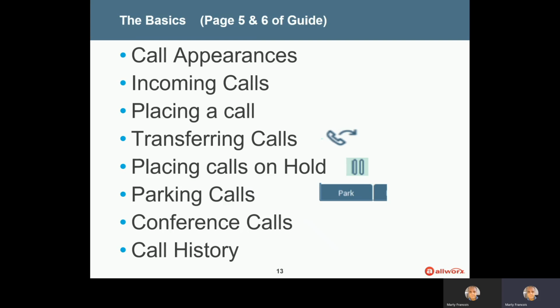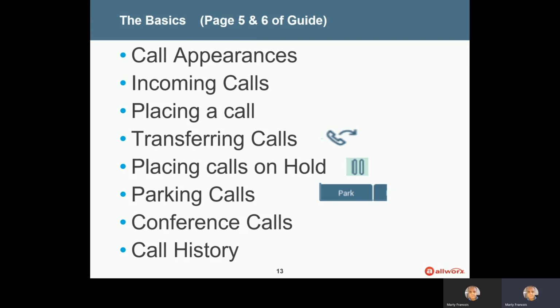So if you want to go back to that first call, you just press the blinking green call appearance and you're back to that caller. You can actually switch between the two. So let's say you have 2 or maybe even 3 calls on hold on each of the 3 call appearances. You can just keep switching from call to call to call, and it will automatically place the other caller on hold. So again, the Allworx is trying to keep you from hanging up on someone.